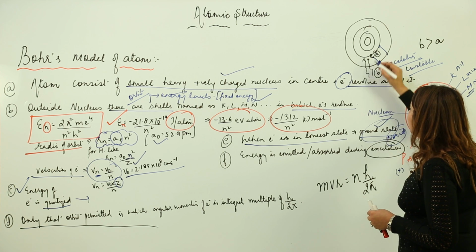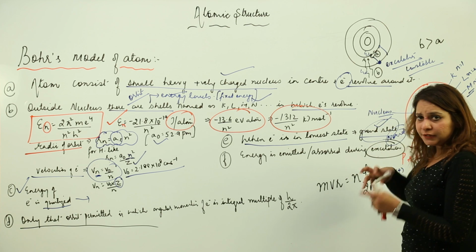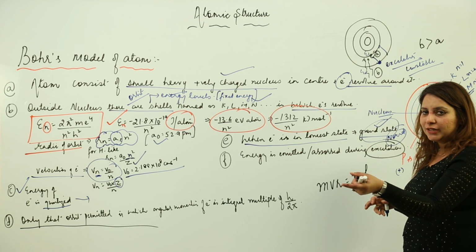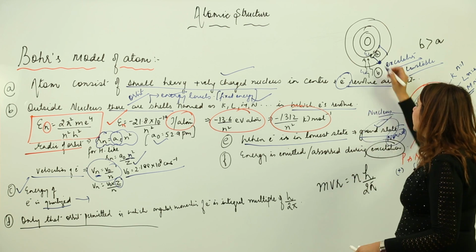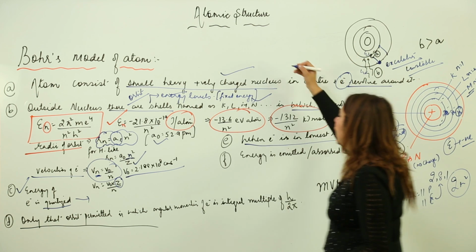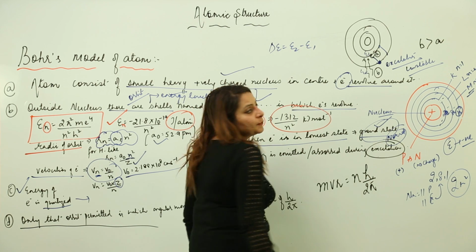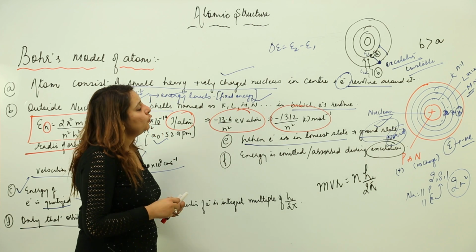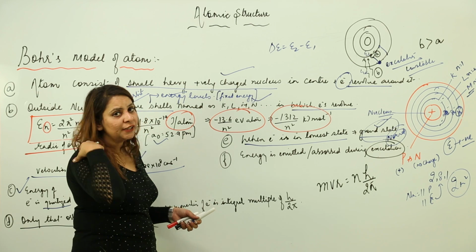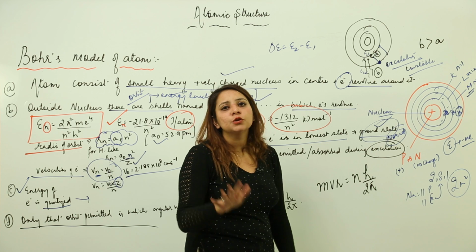Let's say here the energy is E1 and this is E2, so it absorbs E2 and gets excited to the high energy level, but the excited state being unstable, it is ultimately going to return to its original level, and when it does, it liberates the energy which was absorbed by it. But suppose we take a case where E2 is less than E1, then nothing is going to happen.